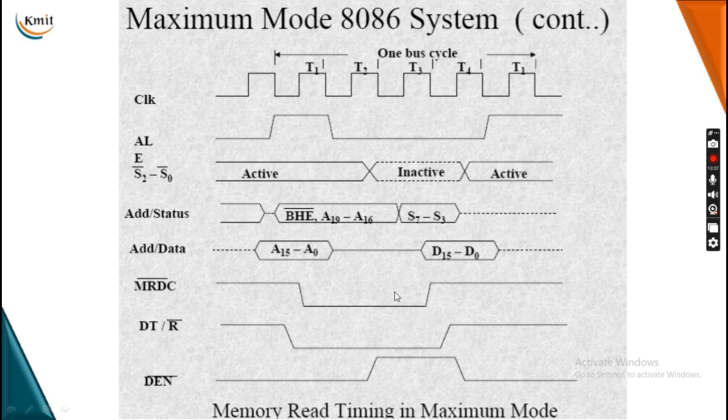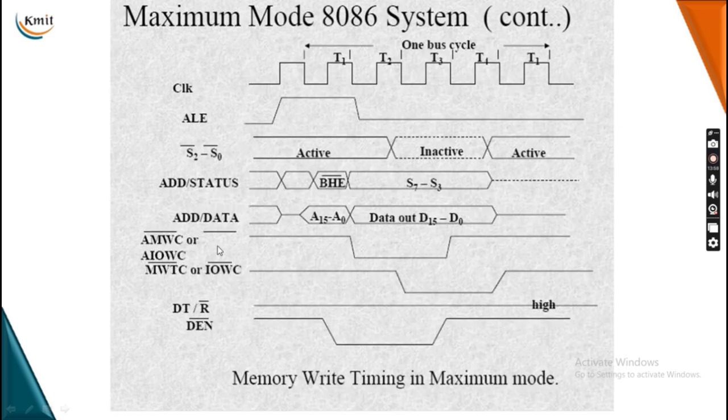If I want to read, it should be low, then I can read the data. Whatever data has been received will be read, and only if data enable is 0 can you read the data. This is the read cycle for maximum mode.